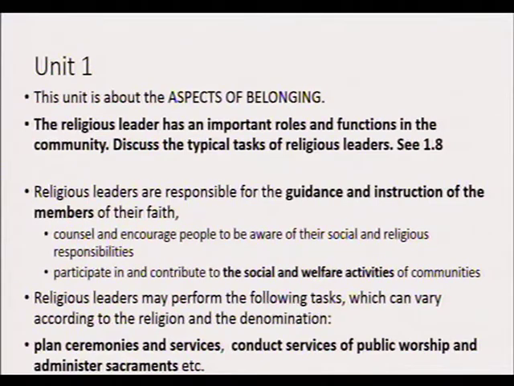I don't know what type of material you have, you might have a study guide, a Kindle or whatever material, but according to this subject, this is in unit 1.8. So the typical tasks, the main roles and functions of a religious leader.